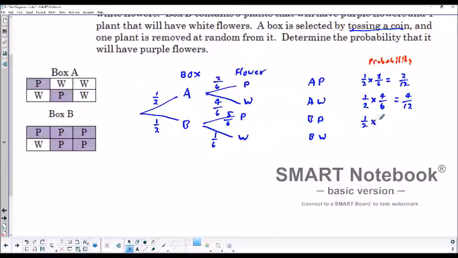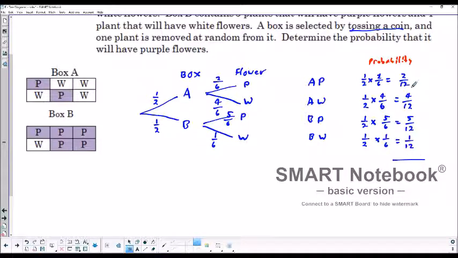So if we chose box B, there's a 1 over 2 probability. The plant with the purple flowers would be 5 over 6. So we get a 5 over 12 probability that will occur. Or if we select a flower from box B, and it happens to be white, we've got a 1 in 12 probability that will occur.